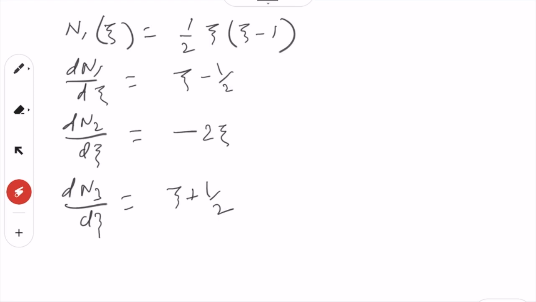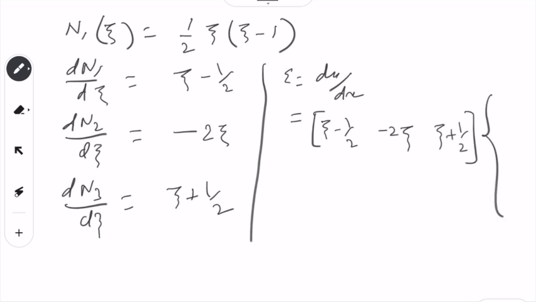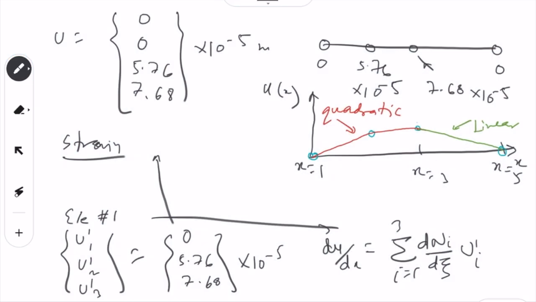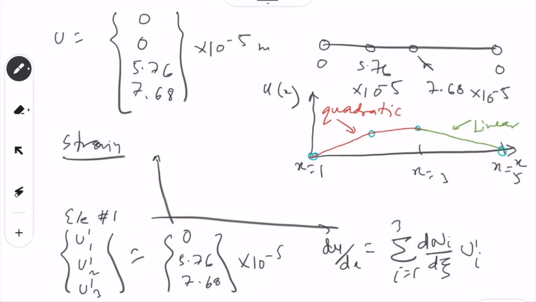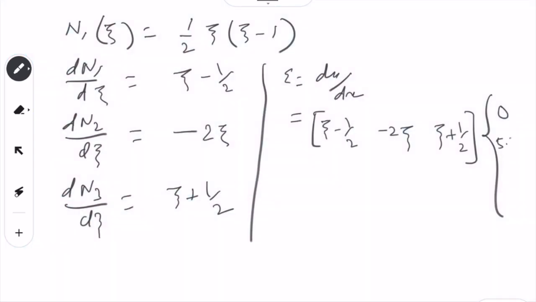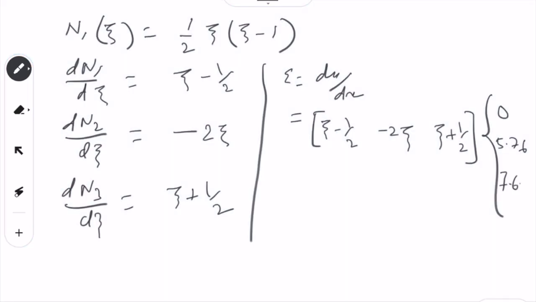So you have these values, and hence from here you can find out that the strain du over dx will be equal to simply xi minus half, minus 2 xi, plus half, and then you have these values 0, 0, 5.76, 7.68, multiplied by 10 to the power minus 5.